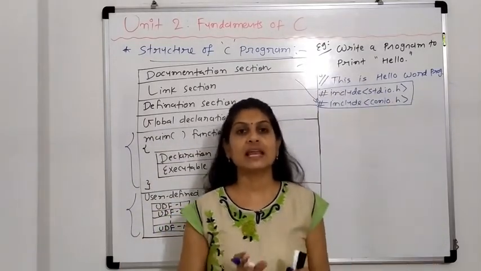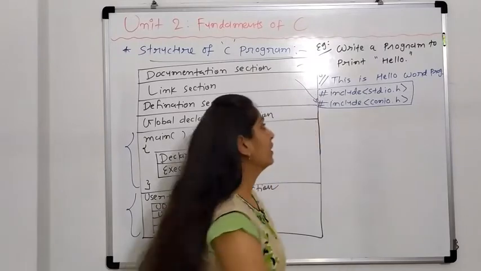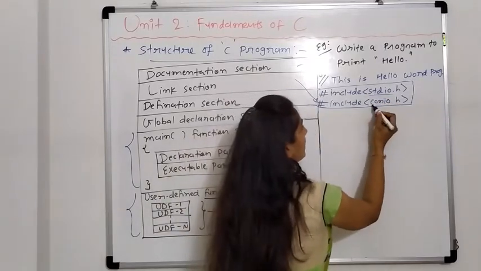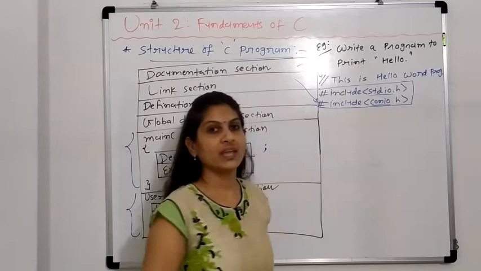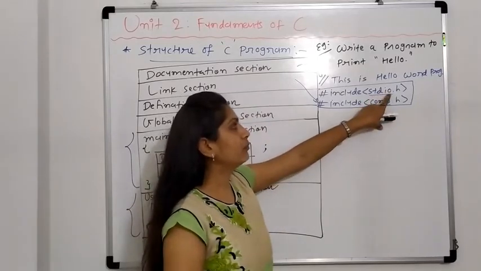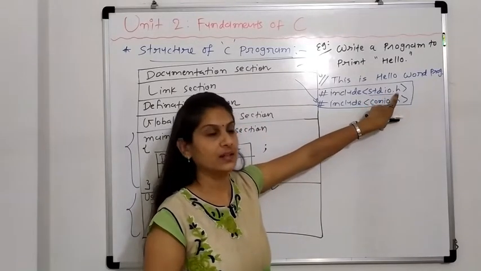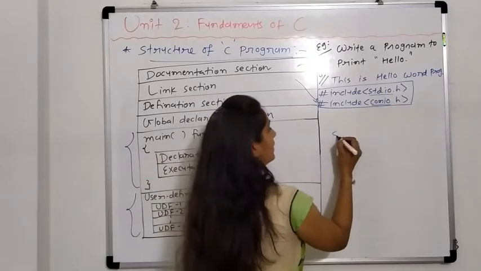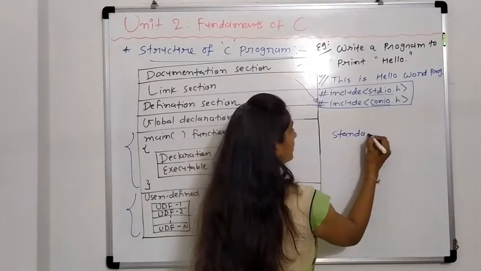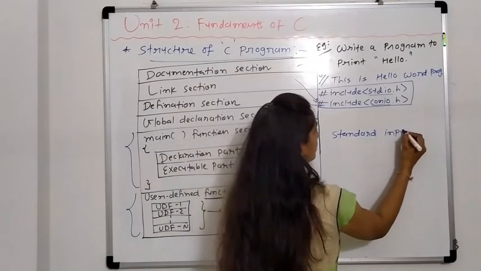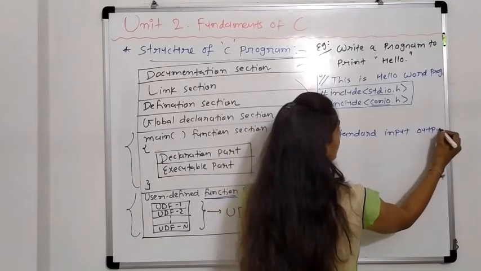A header file is nothing but our system library, our C language library. This is the name of that library. First, the full form of stdio is Standard Input Output Header File.